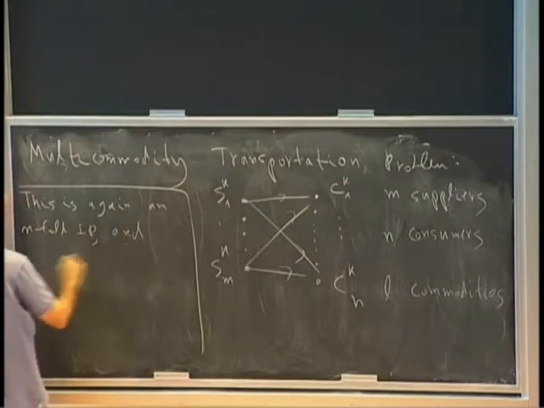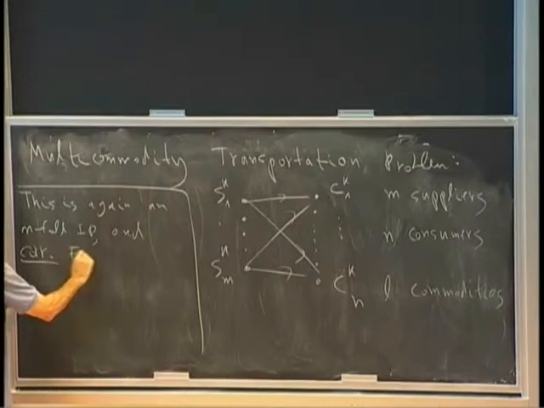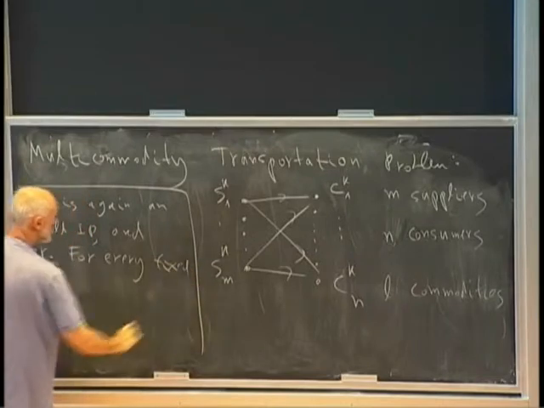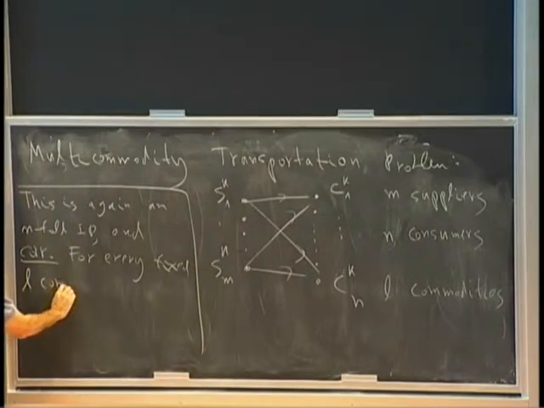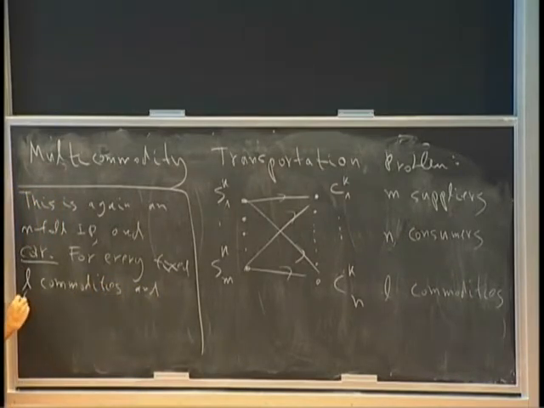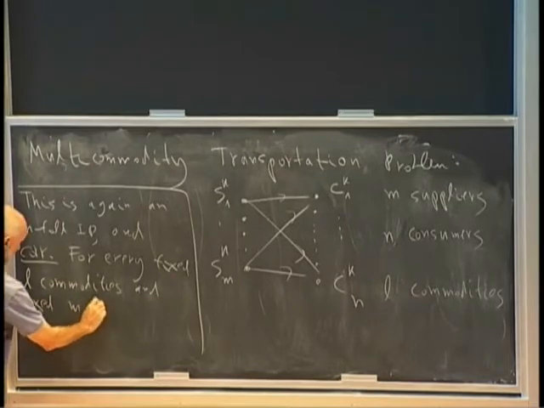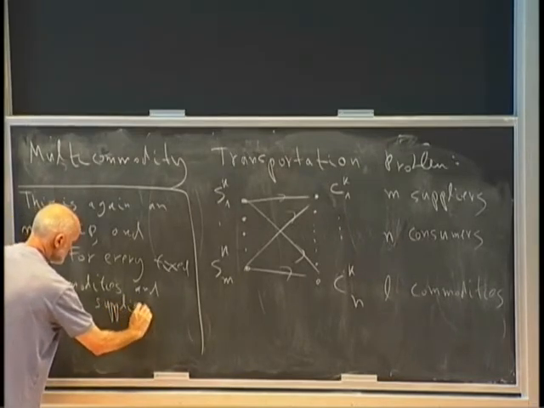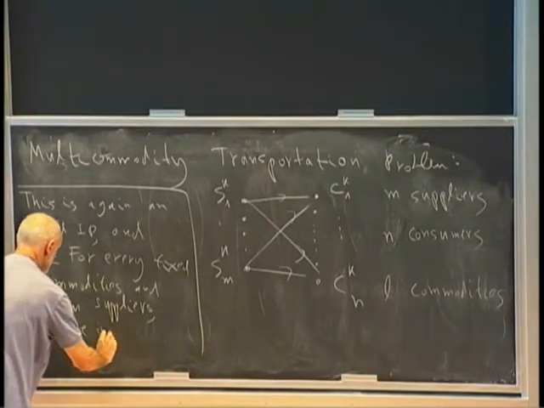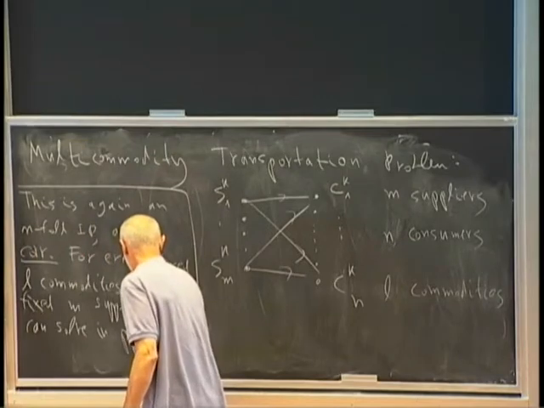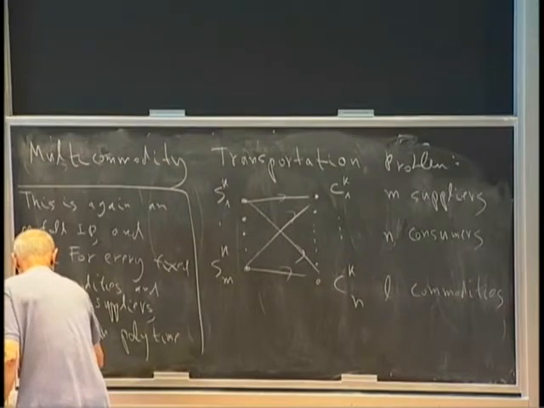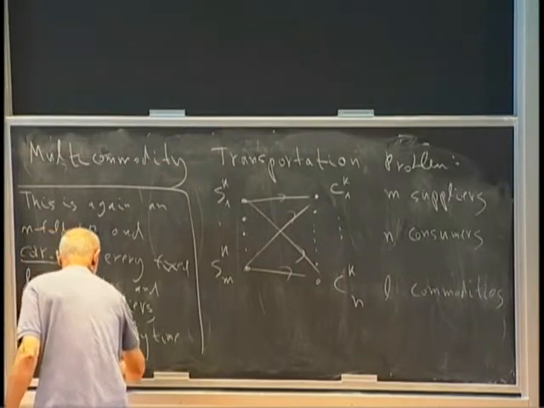And we have the corollary: for every fixed L commodities and fixed M suppliers, we can solve it in polynomial time for variable N consumers.